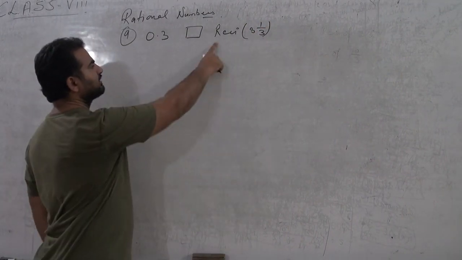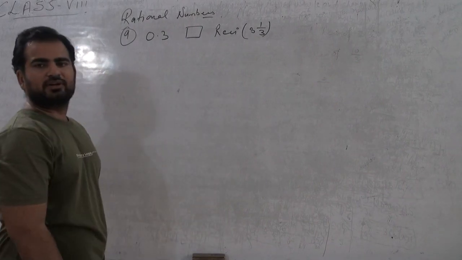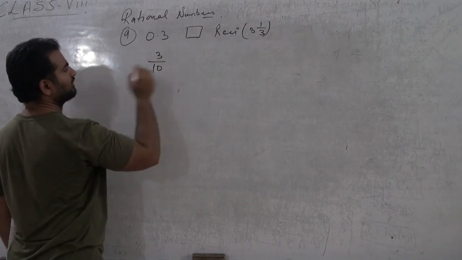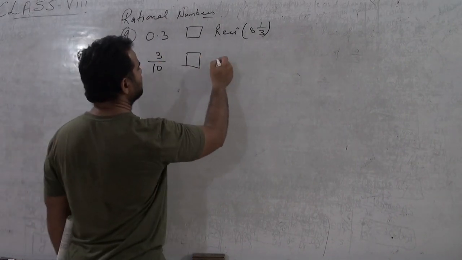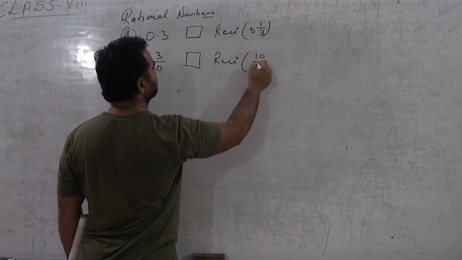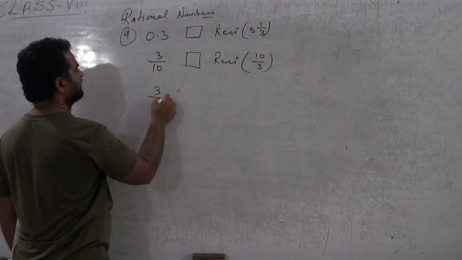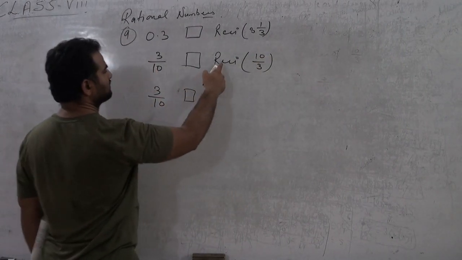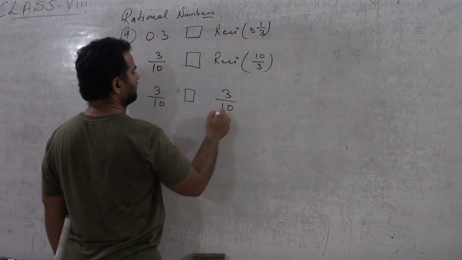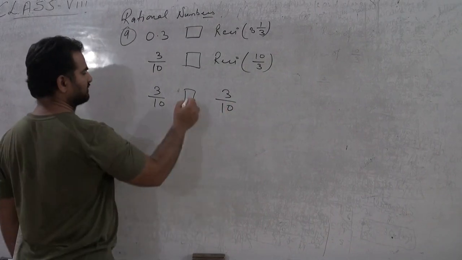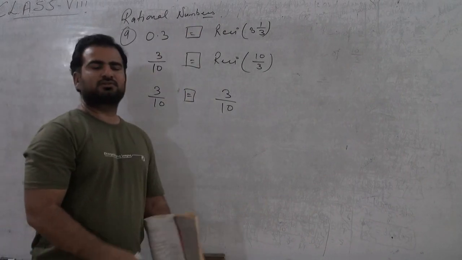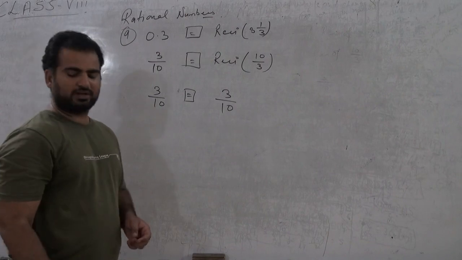I have just written reciprocal instead of multiplicative inverse. 0.3 is 3/10, and the box sign, reciprocal of 3 1/3 is 10/3. So the reciprocal of this will be 3/10. Are both of them equal? Yes, so we will write an equals sign. Okay class, this is our question number 9.